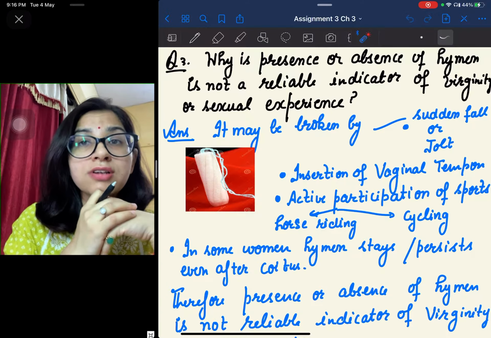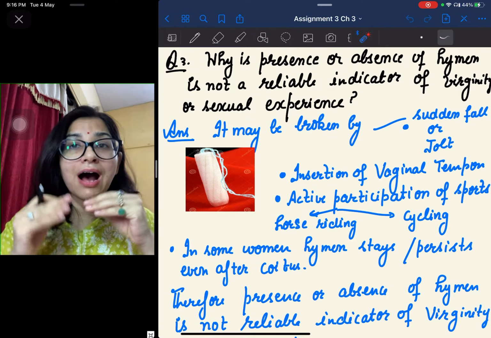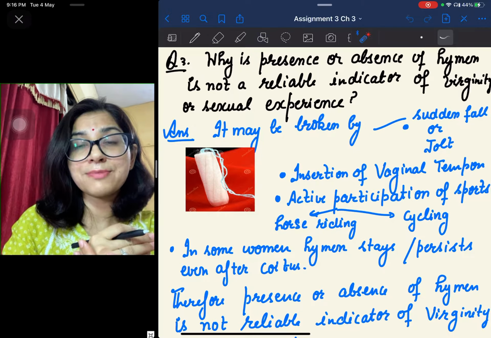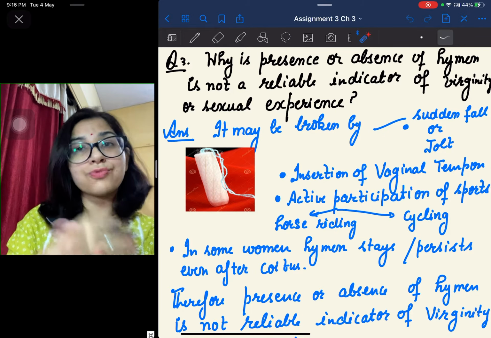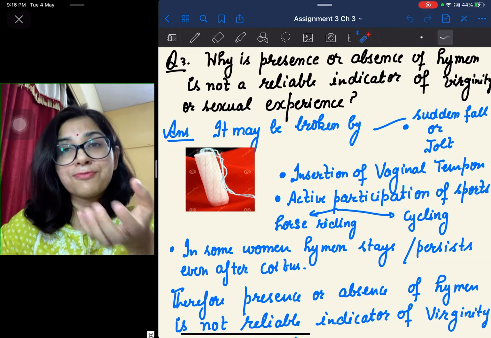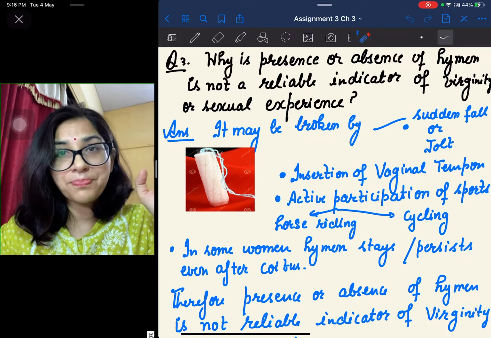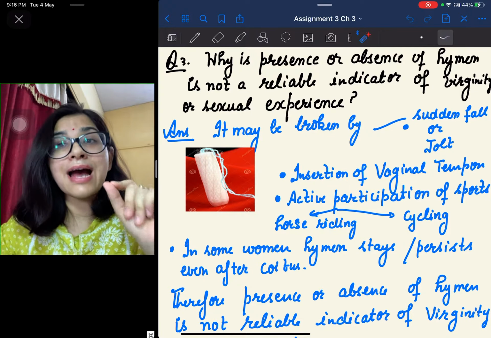It is not a confirmatory indicator, बच्चा. Hymen का break होना is not a confirmatory indicator that a female is not a virgin.